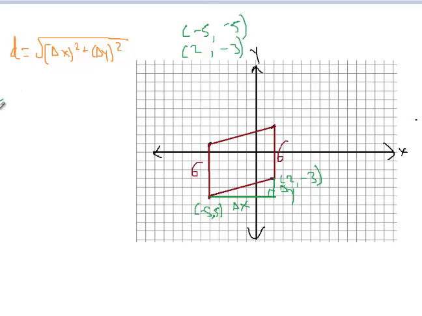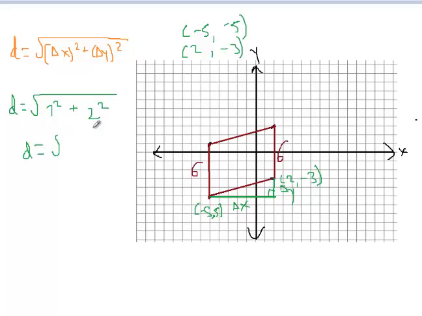So if we apply the distance formula here, we've got distance equals, let me put it inside the box that you can see, the square root of the change in x. Now the change in x is this x minus that x, 2 minus -5, which is 7, because minus -5 is plus, so it's 7 squared, plus -3 minus -5, in other words, -3 plus 5, which is 2, plus 2 squared.